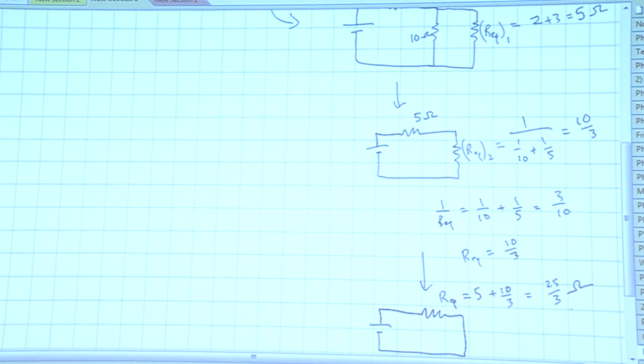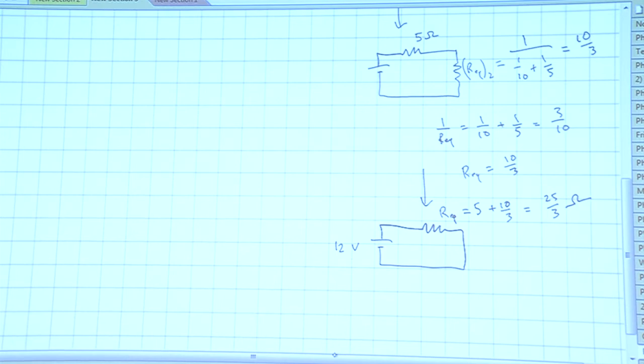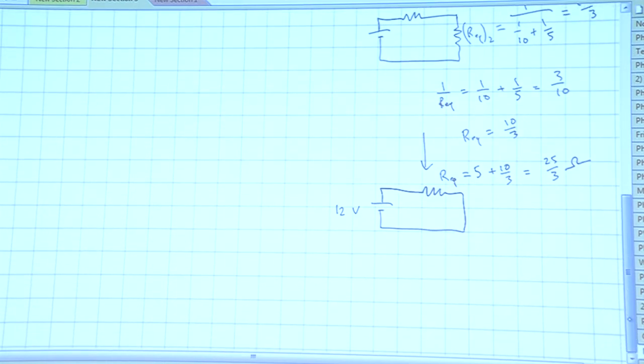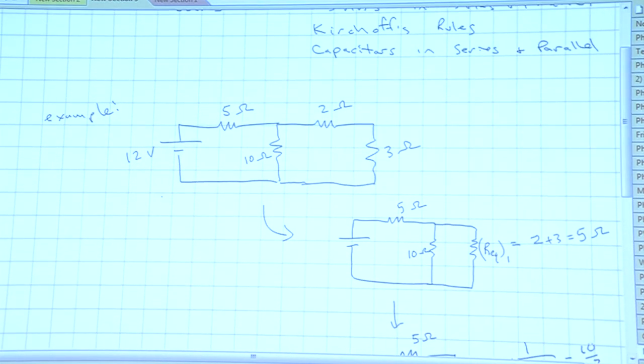Okay, so now we can figure out the current fairly easily, right? This is a 12 volt battery. Actually, let me make this. What should we make this? How about a 25 volt battery? So I can do the math in my head.